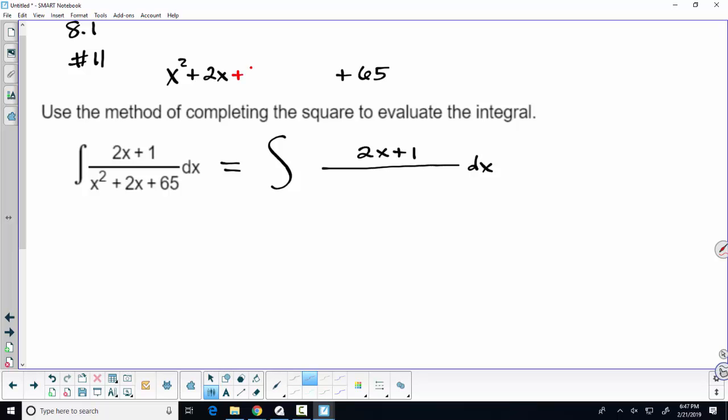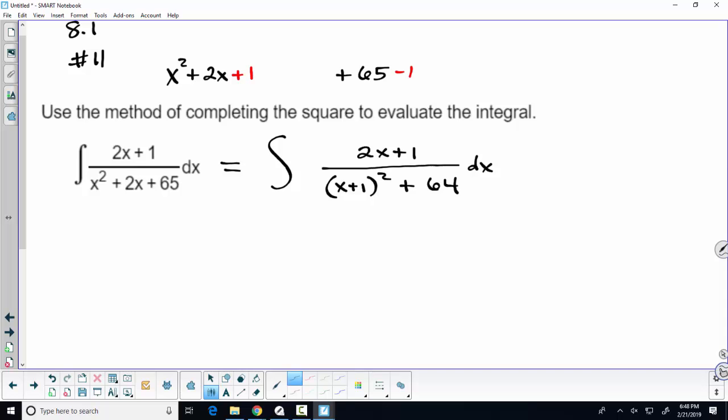Square it, add it here, subtract it here. The method of completing the square didn't finish the problem. We still have to do stuff here.